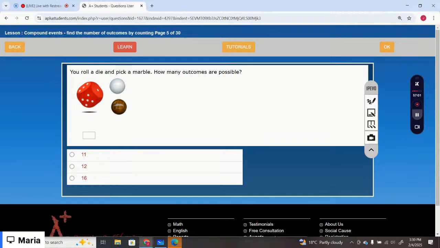The correct option is 12 because the dice has 6 outcomes and you have 2 marbles. So, you have to do 6 times 2, that is 12.